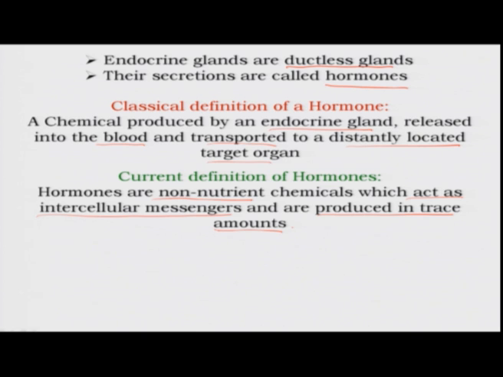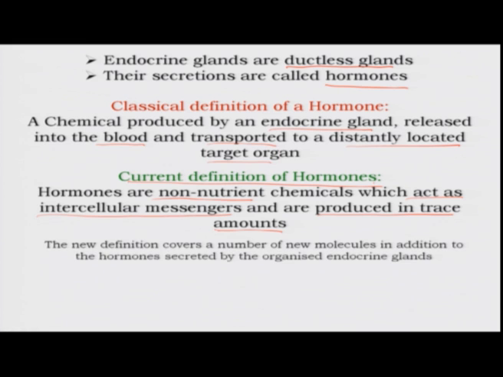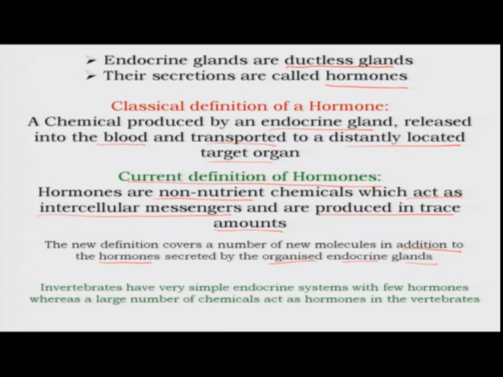This current definition is much broader, hence it covers a large number of new molecules in addition to the hormones we already knew from the classical definition, which are secreted by organized endocrine glands. Invertebrate systems have very few substances that function as hormones, whereas in vertebrates, including us humans, there are a large number of chemicals which have been classified as hormones.